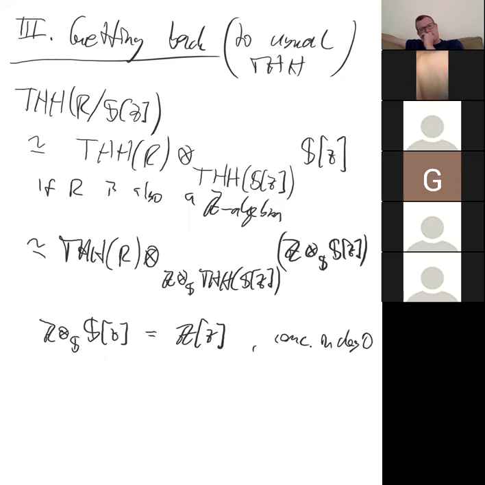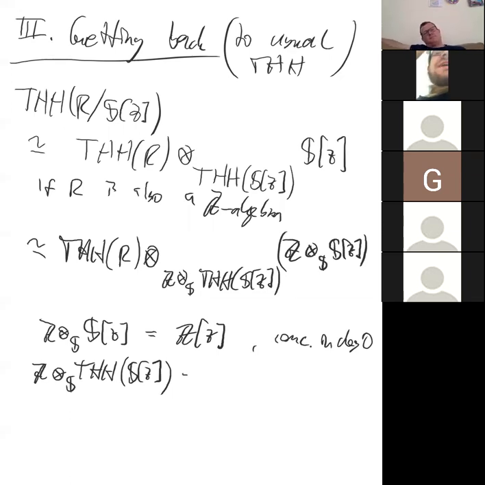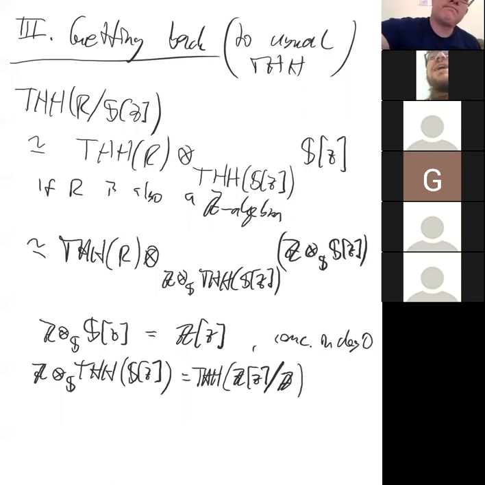And the other thing, if we base change THH of S adjoint Z along S to Z, what we get is THH of Z adjoint Z relative Z. The original THH was relative to the sphere. We've base changed from the sphere, so we have to also put that in our base somehow.